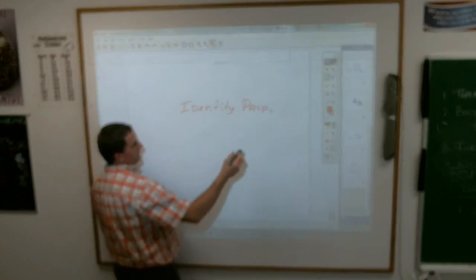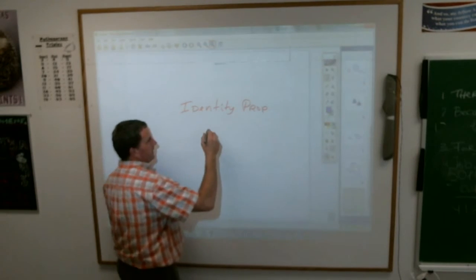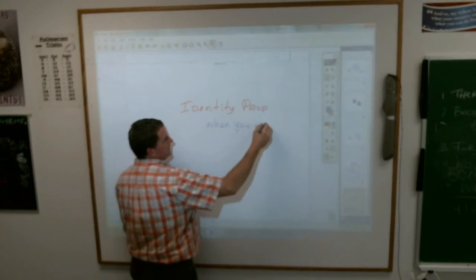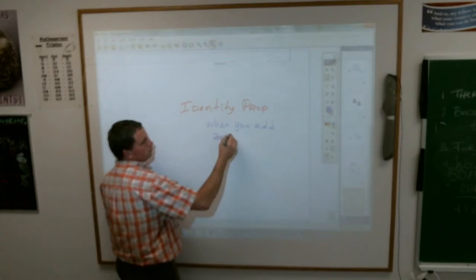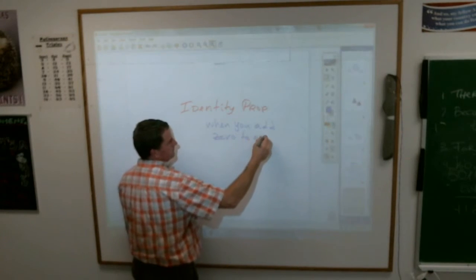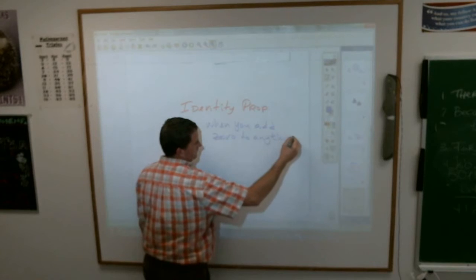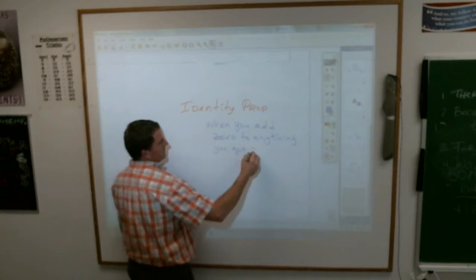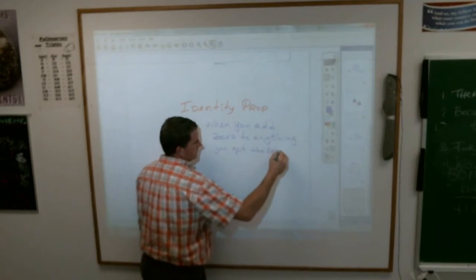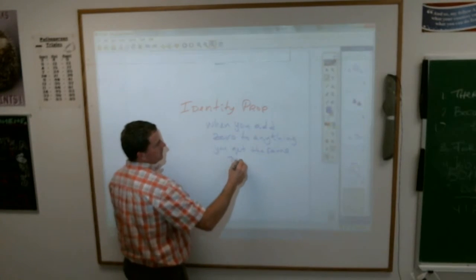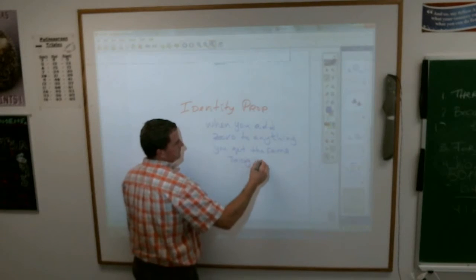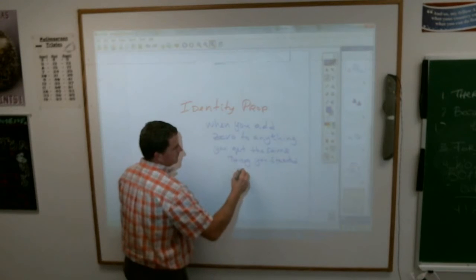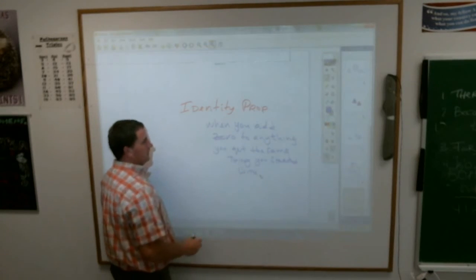And all the identity property says is that when you add 0 to anything, you get the same thing you started with. And you've done that since forever.